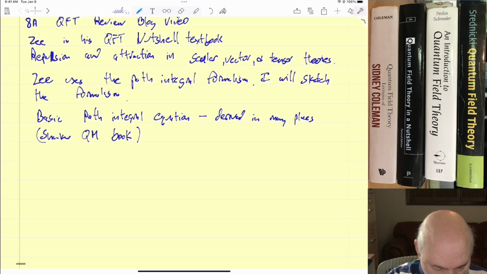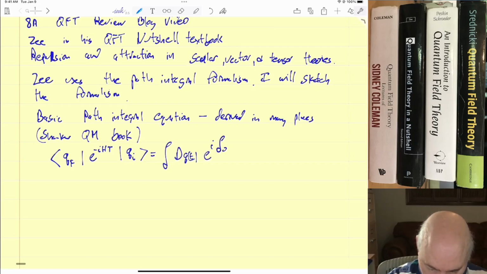So we define a matrix element between the position coordinate of a final state, e to the minus i times the Hamiltonian times a long time period t, q_i. This is equal to the integral of dq(t) e to the i, the integral from 0 to t. Sometimes you just see it from minus infinity to infinity, of the Lagrangian.